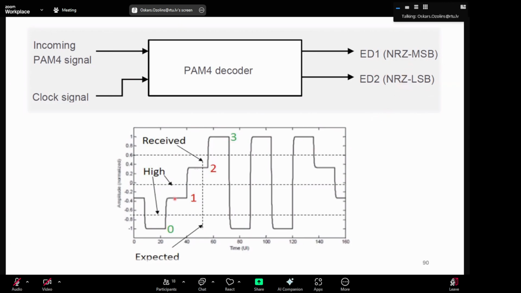And then you need to have a clock signal. You need to know where the bit starts, where the symbol starts and where the symbol ends. And then you can say, okay, 0, 1, 2, and 3. These are the 4 symbols I have here, because you put in different thresholds. This is how it was done with the typical error analyzer together with the bit pattern generator.